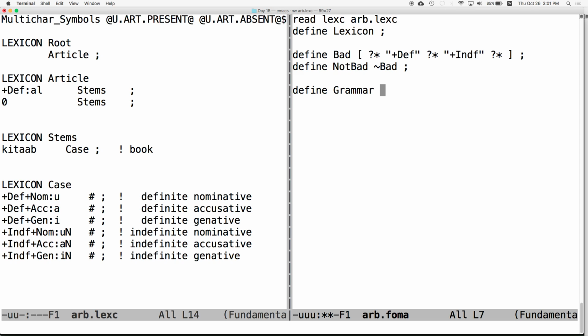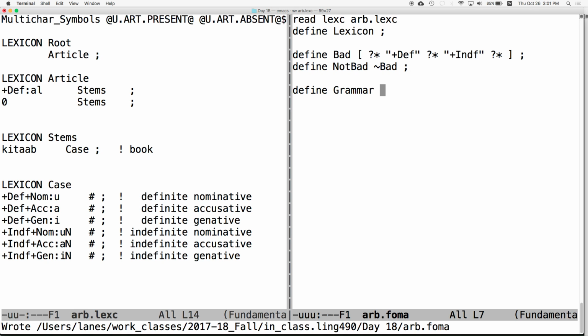Because that's the way FOMA works, but why? Because the right-hand side argument is passed in as input to the left-hand side.